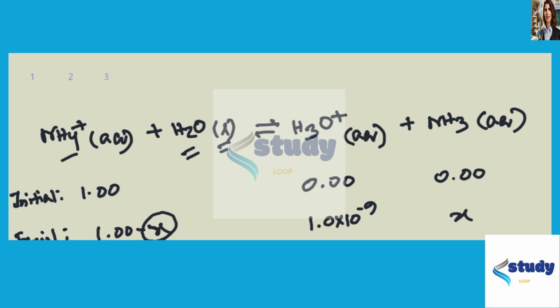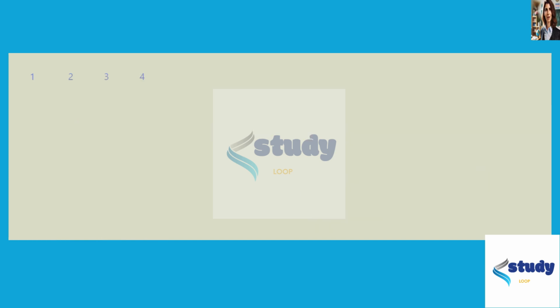So it will be x. Now if we set up the equilibrium constant or the Ka value for this reaction, the Ka will be the product concentration over the reactant concentration.